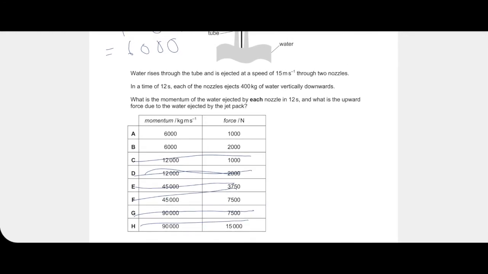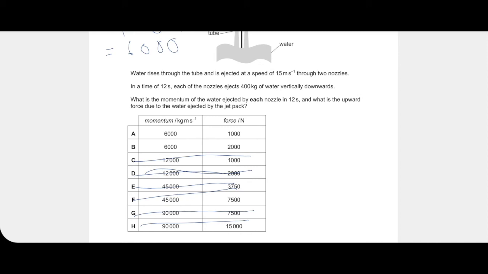And now I need to work out the force overall. So force, the equation that we're going to use in this case, is the change in momentum over time. So the person was initially stationary, and now the person is producing X amount of momentum. And we're told to calculate the upward force ejected by the jetpack. The jetpack is made up of 2 nozzles.